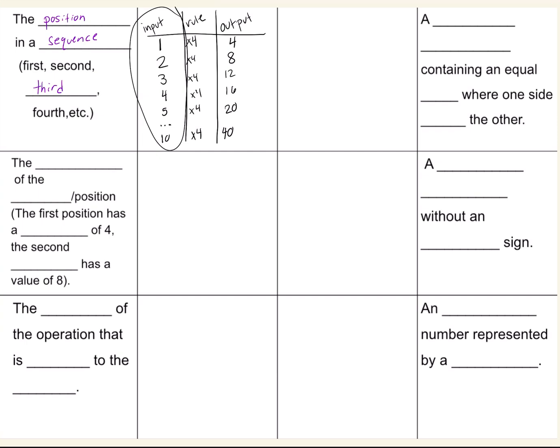Now our next one is going to be the output. This section right here is our output. The output is the value of the input or position.